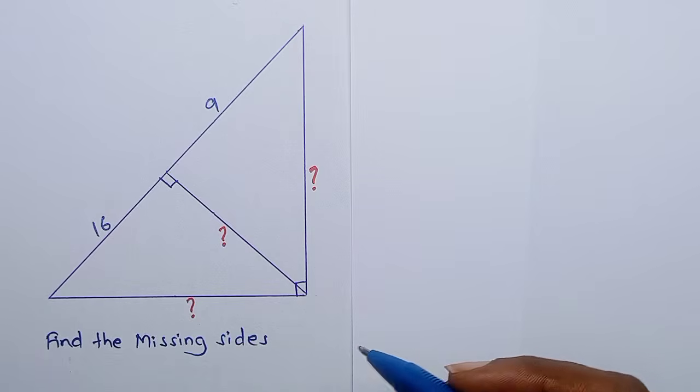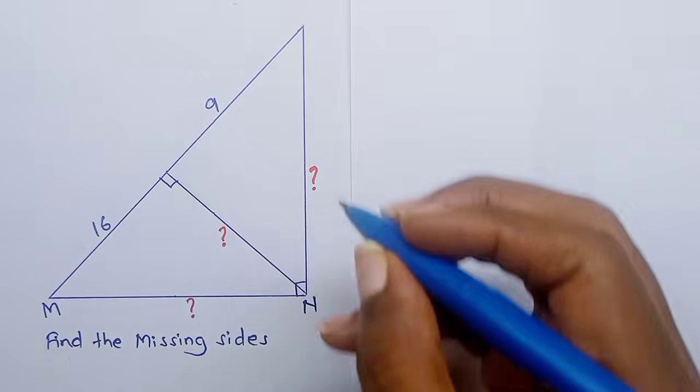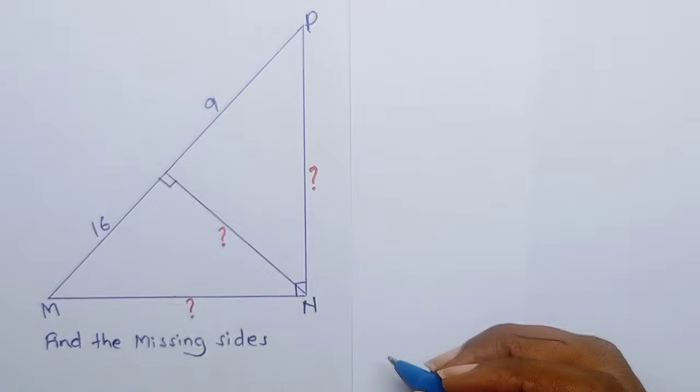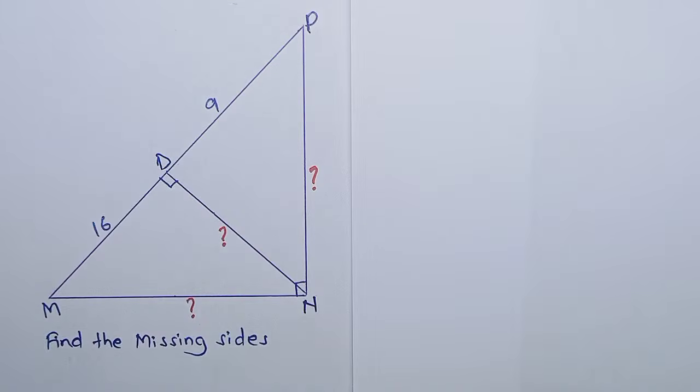So let's start by labeling the diagram. Let this be M, N, and let this be P. Okay, let's call this point D. So now from the right triangle altitude theorem, the altitude to the hypotenuse of a right triangle forms two triangles that are similar to each other and to the original triangle.